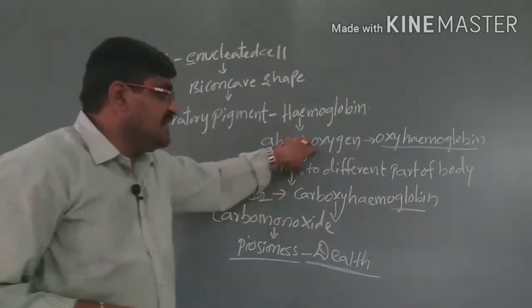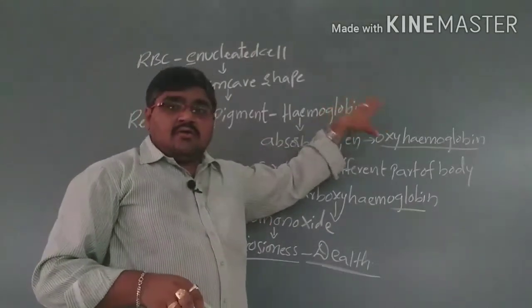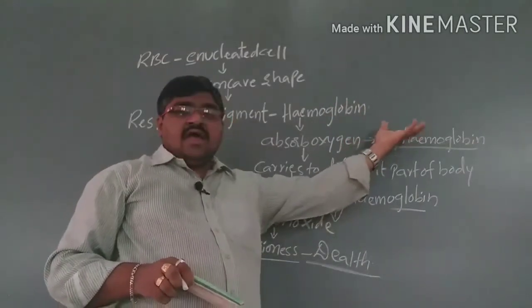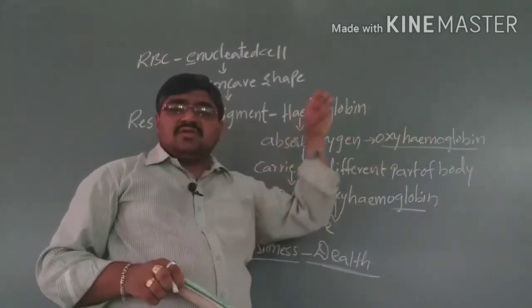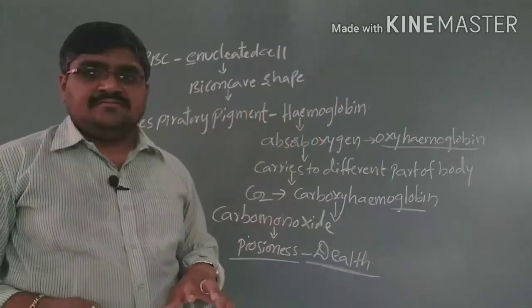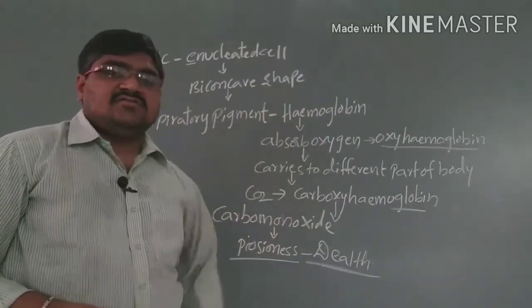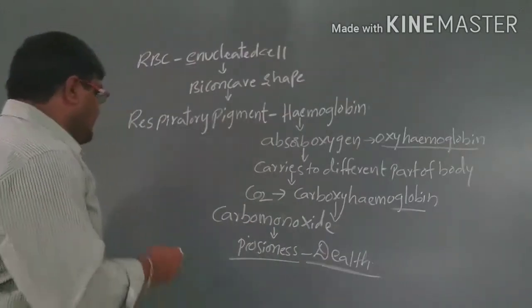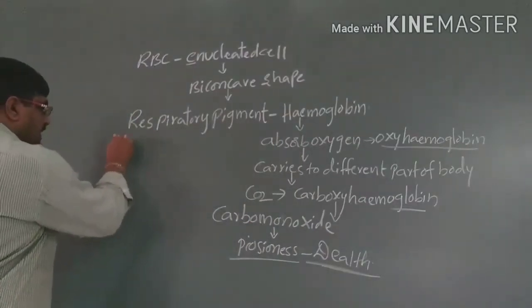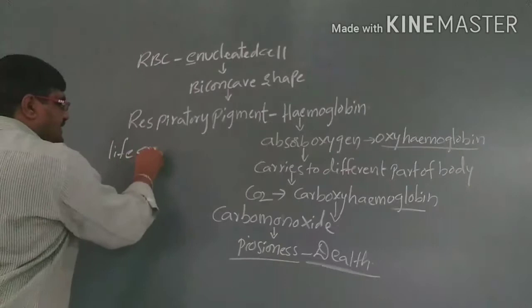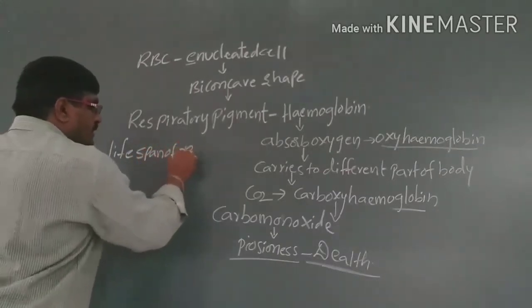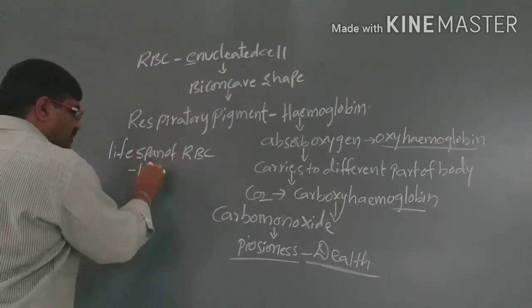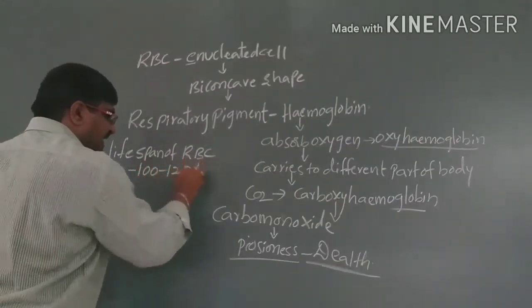But oxygen forms a less stable compound, where it easily dissociates into oxygen plus hemoglobin when it enters into the tissues. The lifespan of an RBC is 100 to 120 days.